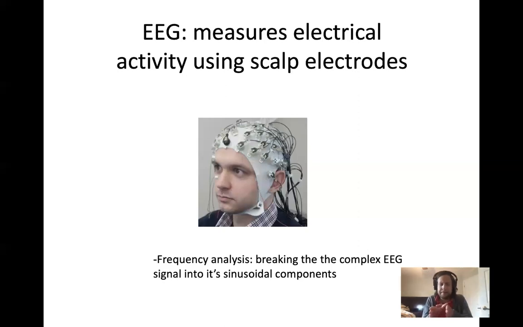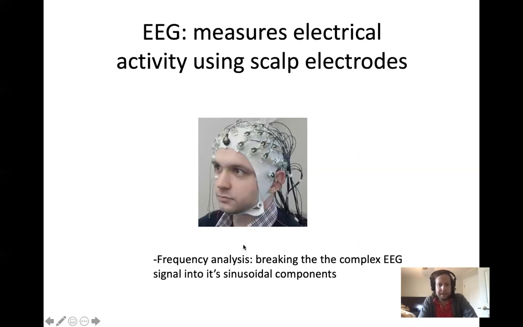They'll zone in on a 5 millisecond point in time and then look at how the electrical activity differs between two conditions, two different mental states. So we're talking about very high temporal resolution, but not very good spatial resolution.